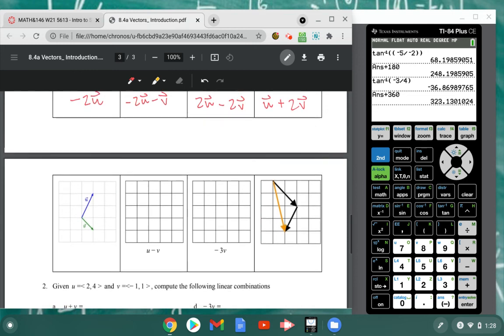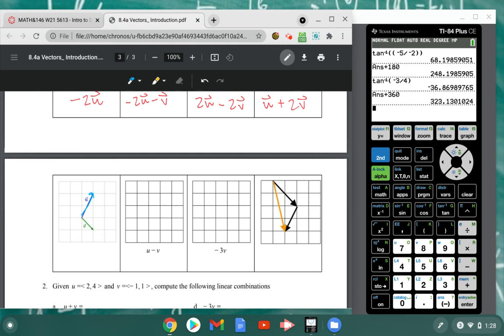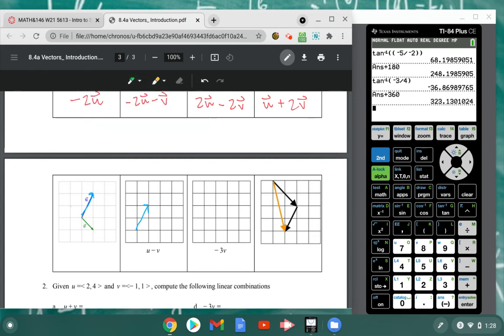So just a few more here with a different pair of u and v. So u now is the blue one and v is the green one. If I want to do u plus v, let me grab my colors here. U is, there's no change. You can draw it wherever. This one is up 2 over 1. So here's vector u. And then I'm going to go tip to tip. I want to subtract v. Negative v is going to go in the opposite direction.